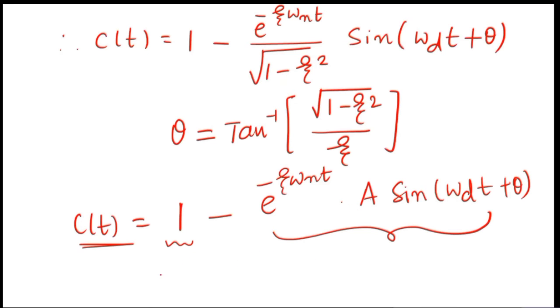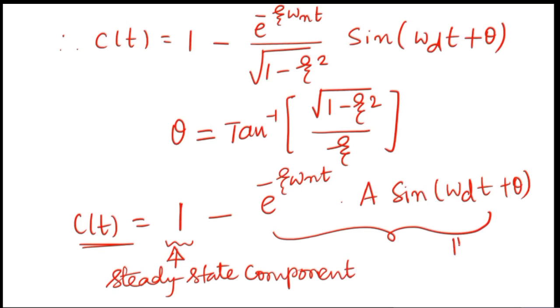This value is called the steady state component, and this component is called the transient component. The transient component is the component whose value vanishes to zero as time t tends to infinity.